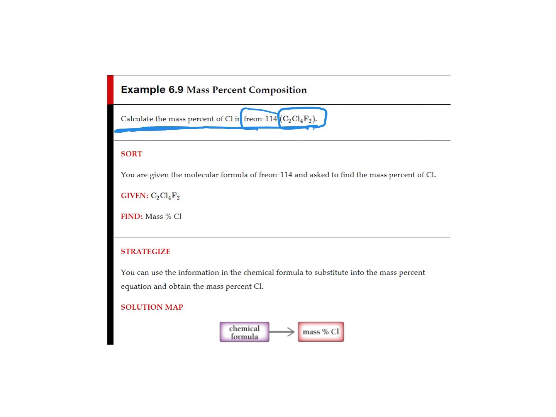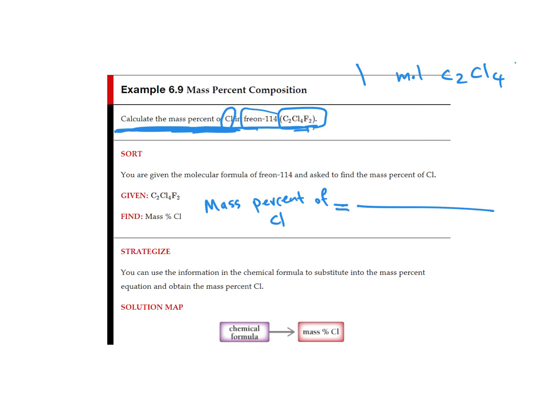So now you want to find the mass percent of Cl. If we want to use the formula that we were given in the previous slide, you write mass percent of Cl equals, and you want to calculate that for Cl, right? How many moles of Cl do I have in 1 mole of C2Cl4F2?